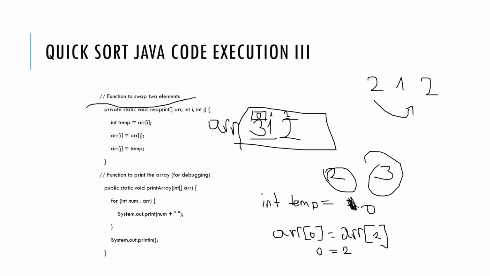How do we turn the 3 element into the second position? We simply assign to the array at 2 the variable that we stored as temporary. So now the temporary variable that stored the array at 0, which was 3, has gotten back into the position that we wanted.